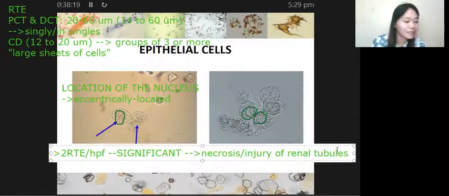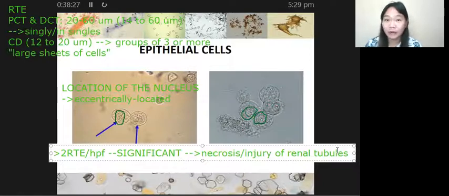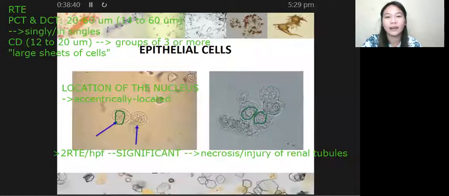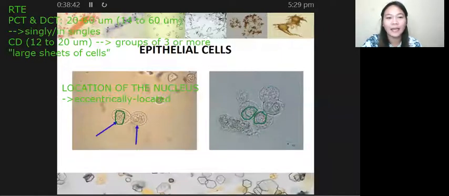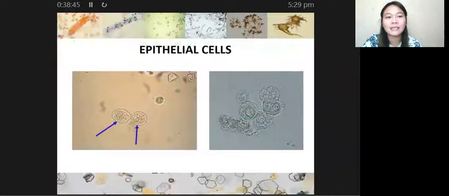It may also indicate hemolytic anemia, okay? Hemolytic anemia, and hemochromatosis, okay? As long as there is an injury to your tubules, to your renal tubules, you would be able to see your renal tubular epithelial cells, okay? So yan. All right. So I hope you were able to understand that.